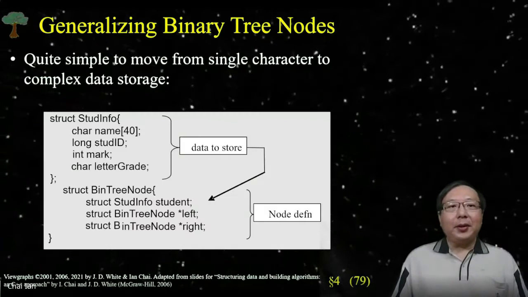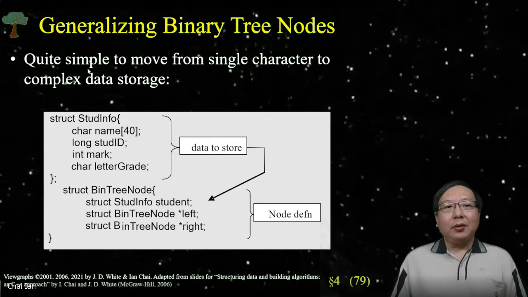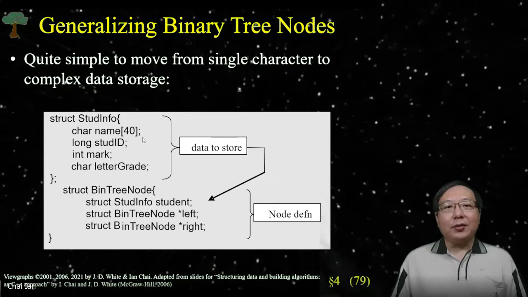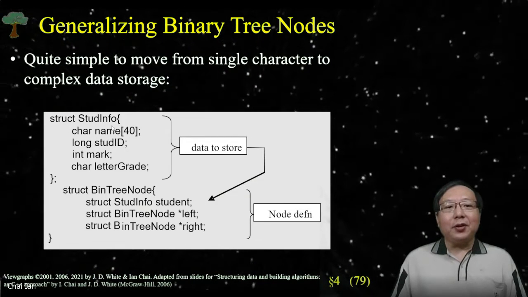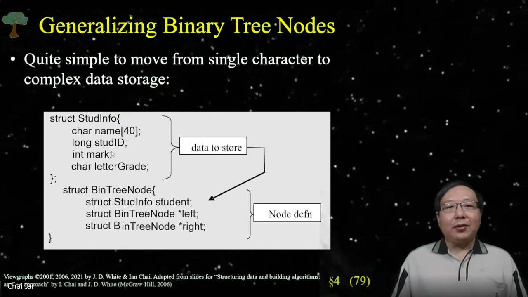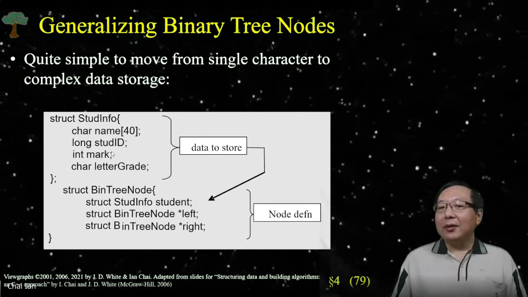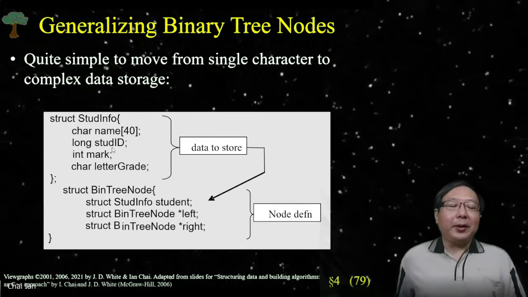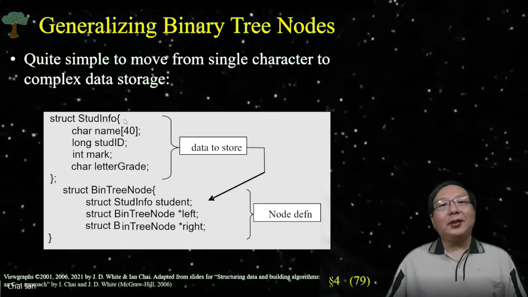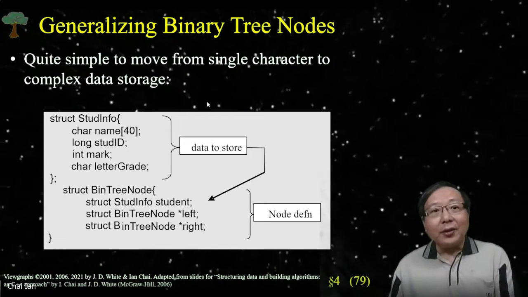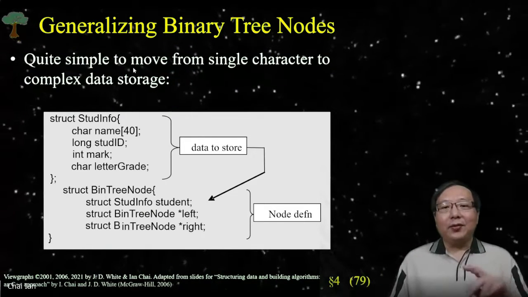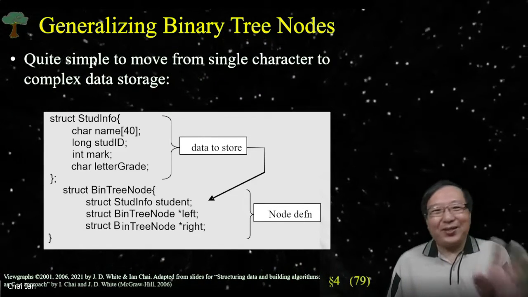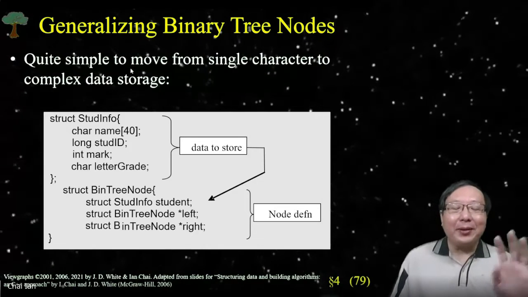We mentioned them earlier. So you can move from a single character into complex storage, because earlier we saw single character trees. Sorry, this is still binary trees. This is generalizing binary tree nodes. Sorry, I got distracted by the term generalizing. So what I said for the last minute is wrong, because we're not going to generalize trees right now.